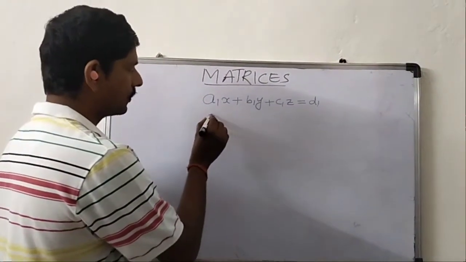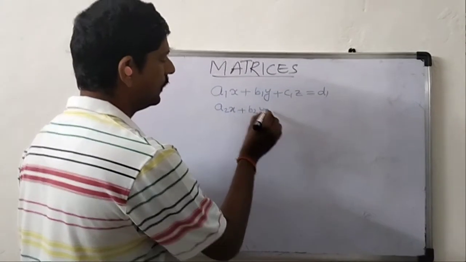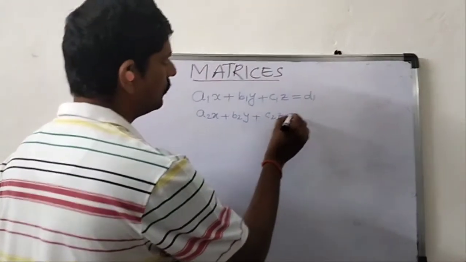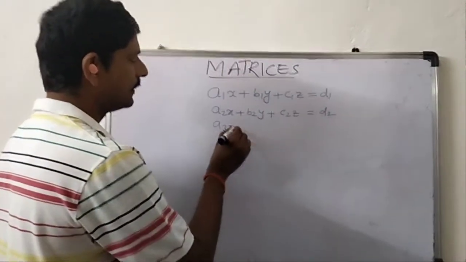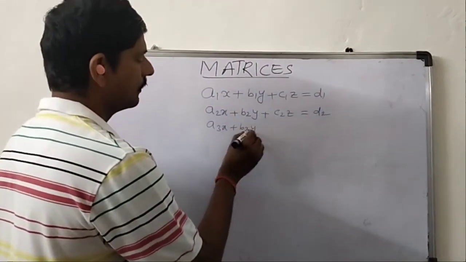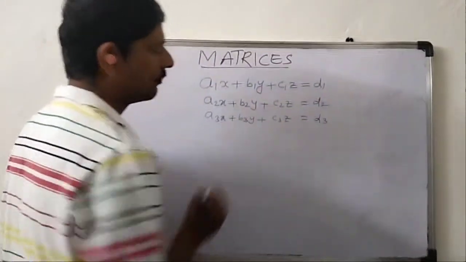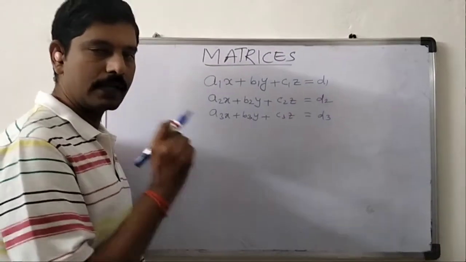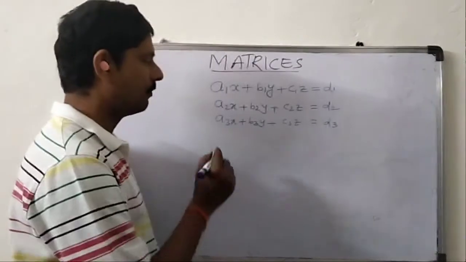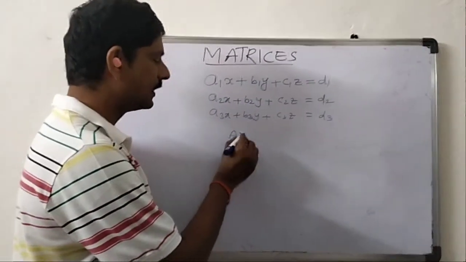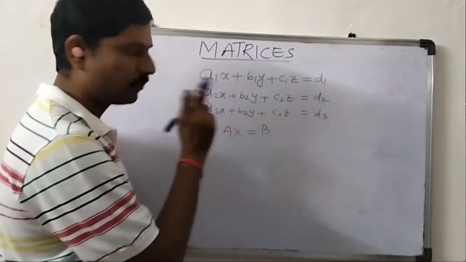So this is one equation, and a2x plus b2y plus c2z equal to d2, a3x plus b3y plus c3z equal to d3. First of all we can express these linear equations in matrix form. How we can express these linear equations in matrix form means this AX equal to B.